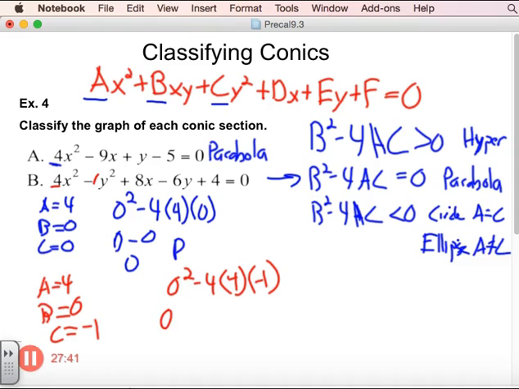So I got 0 squared is 0, minus 4 times minus 1 makes it plus 16. So it's positive. Whenever it's positive, it's a hyperbola. So this one is a hyperbola. Okay? See if you guys can do the Try's down at the bottom, and then we'll go over them.